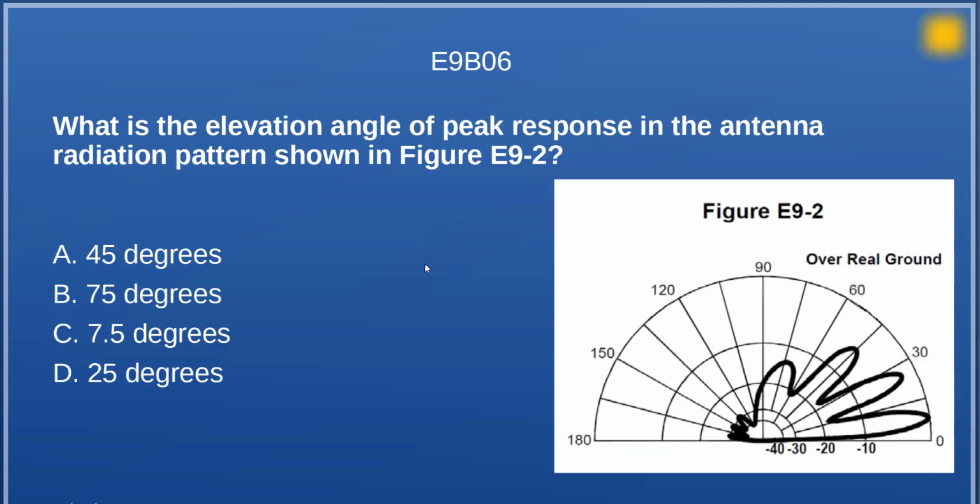Now, before we were talking about the width of the signal, the horizontal width. Now we're talking about the elevation. So top down and side on. It's like taking a slice of it horizontally versus vertically.